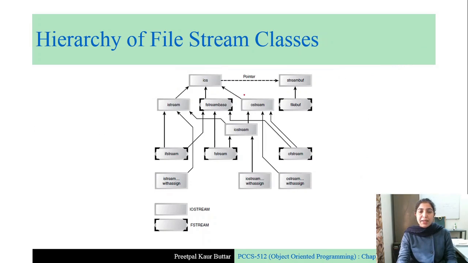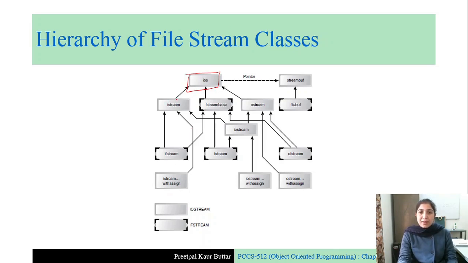So this is the complete hierarchy of file stream classes. The base class of all the classes which deal with streams is ios. From the ios class we derive many classes.